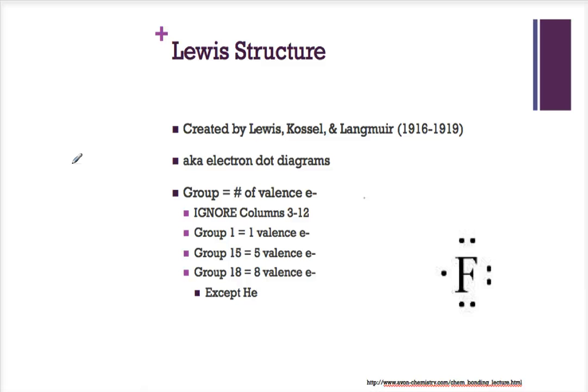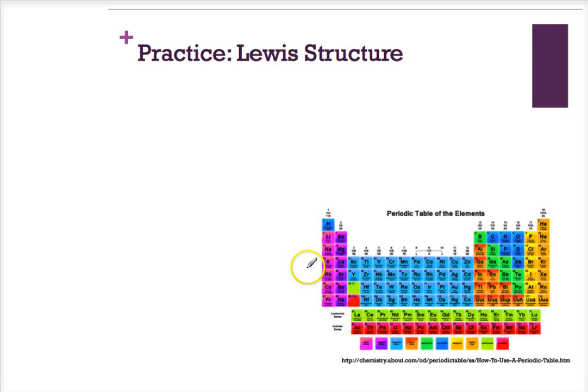Now, in order to remember or figure out how to identify the number of valence electrons, you simply look at the group. The group, or column, tells you the number of valence electrons. And for practicing, we're going to ignore columns 3 through 12, which consist of primarily your transition metals.